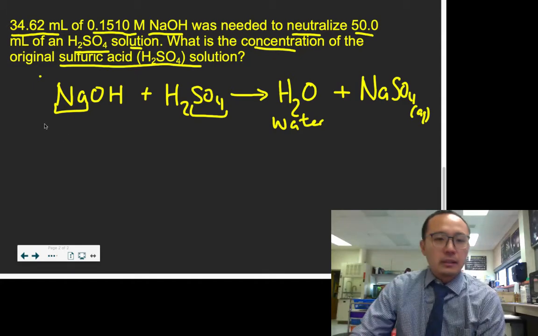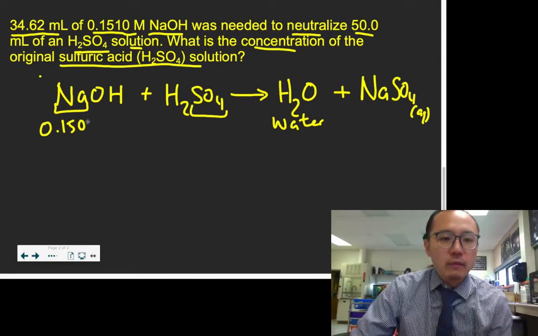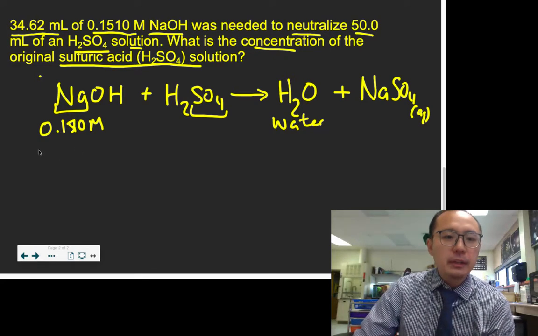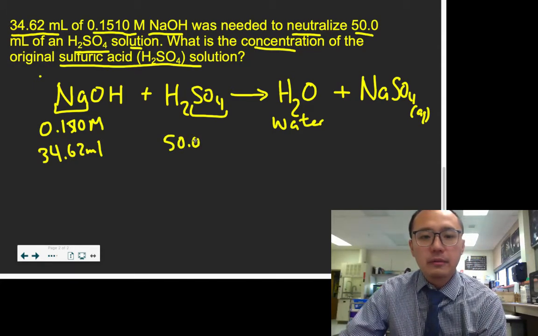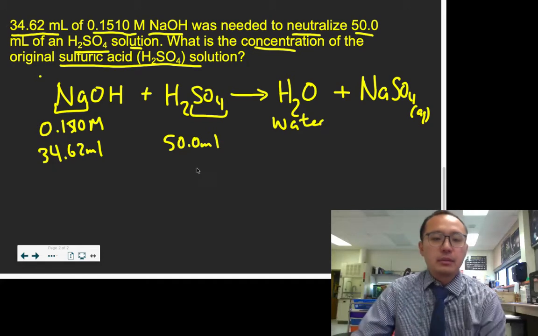Let's look at the numbers. Sodium hydroxide I have 0.1510 molarity, and this is in 34.62 mLs, and then this is going to be 50.0 mLs of sulfuric acid.